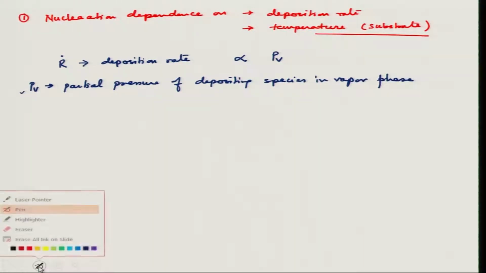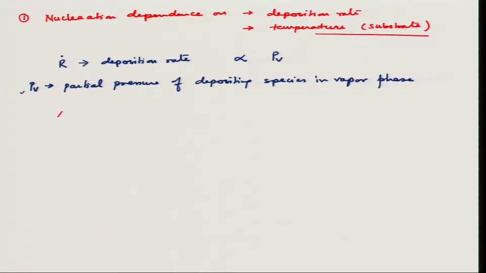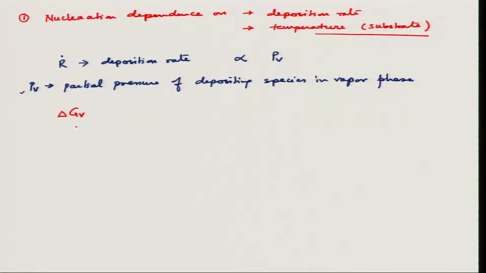Okay. We also can say that delta GV, the change in free energy due to phase transition from vapor phase to film phase. Okay. Now, this film phase we are not defining as either solid or liquid, because it is a different phase, because a few atoms, if they are coming from vapor phase to surface, we cannot define them as either liquid or solid.